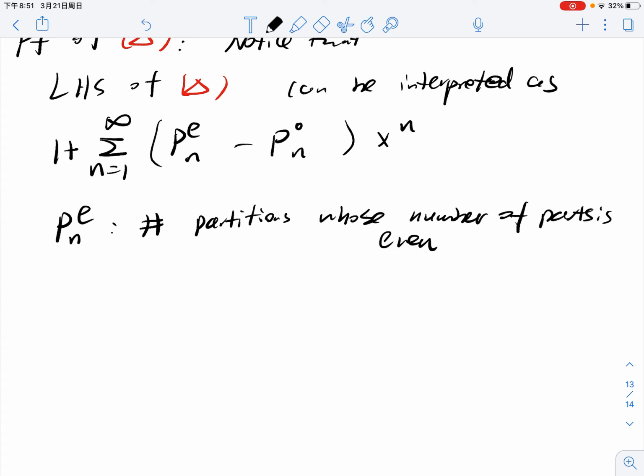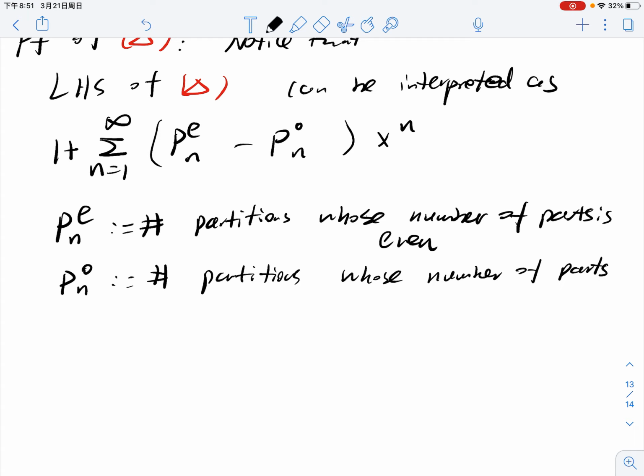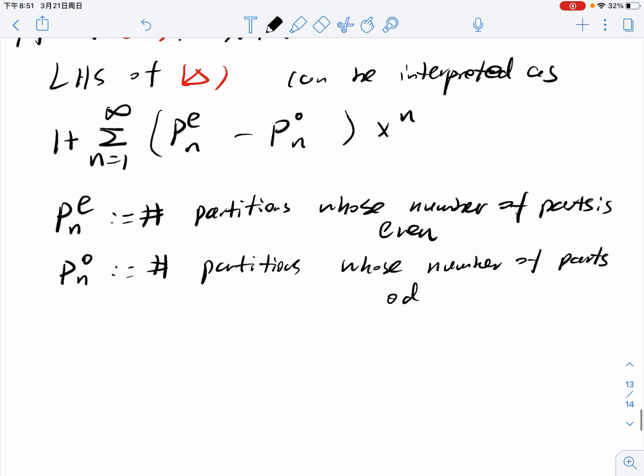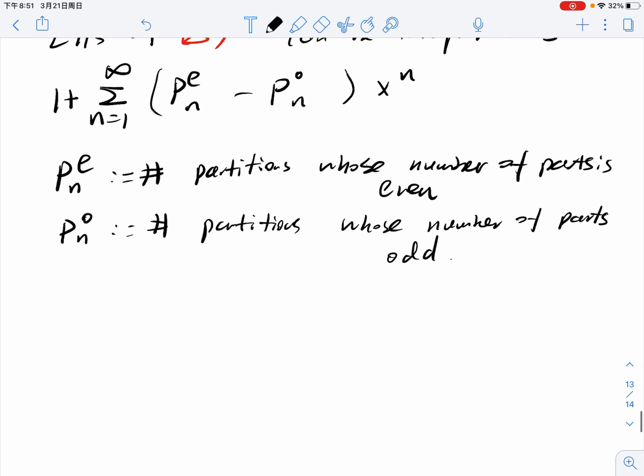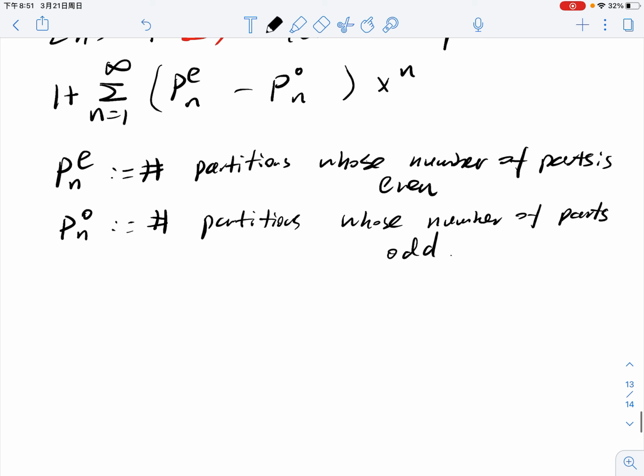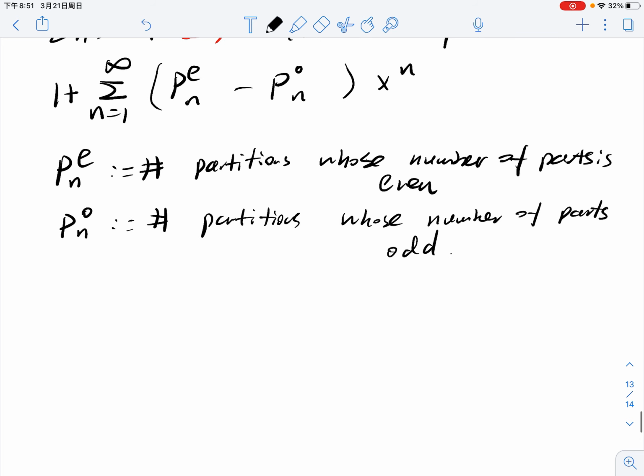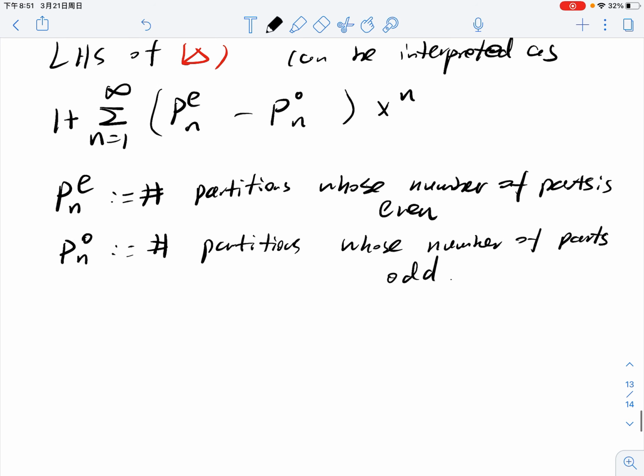In other words, the length is even, and this is the number of partitions whose number of parts is odd. Oh, sorry.